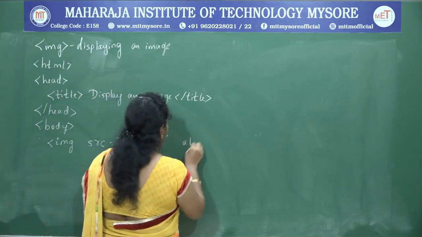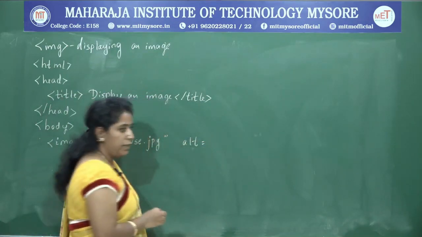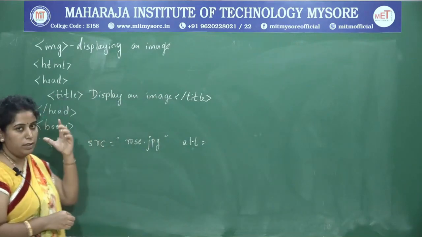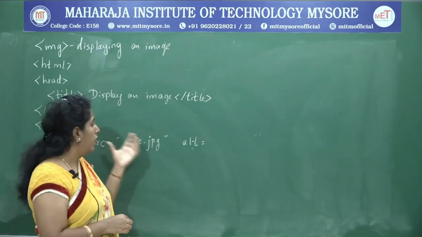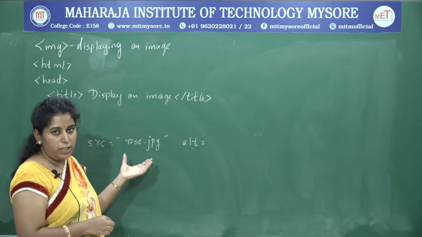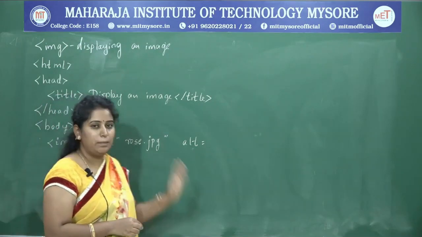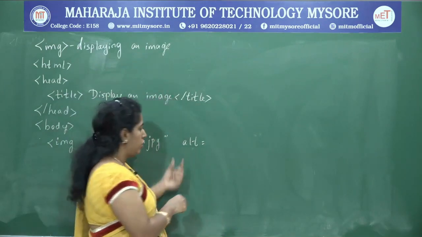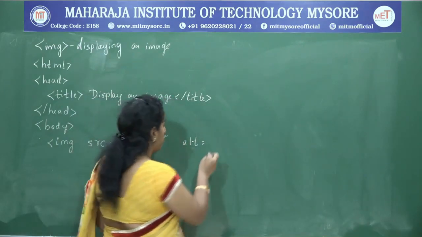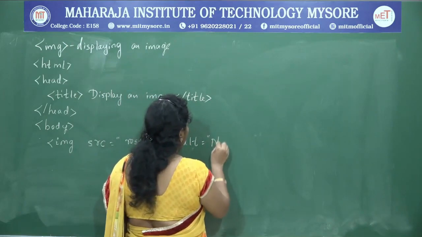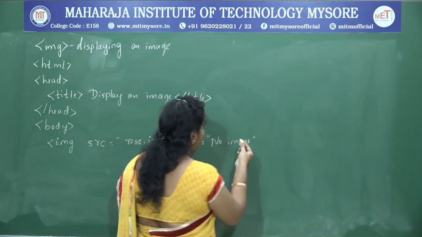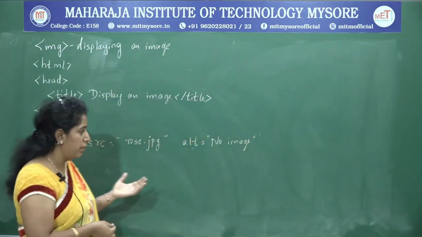And alt, alternate. In case that image does not exist, an alternate message has to be displayed. For that purpose this attribute is used. You can give some message, such as no image, or image not found.